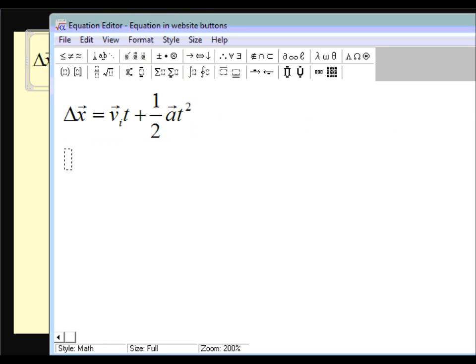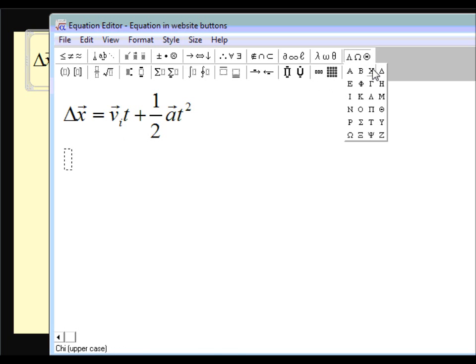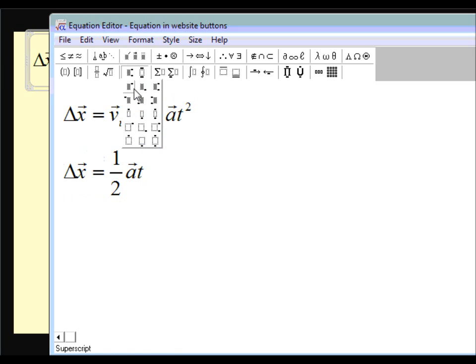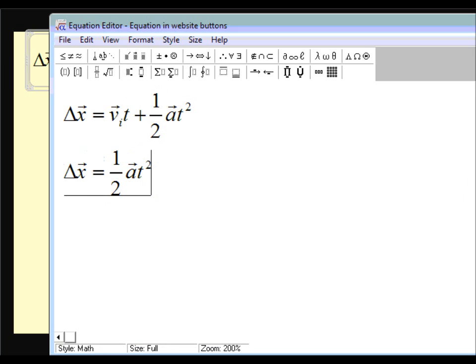So what we have left after this middle term goes away is displacement equals, again, v initial times time goes away because v initial is 0. So displacement equals 1/2 times acceleration times time squared.